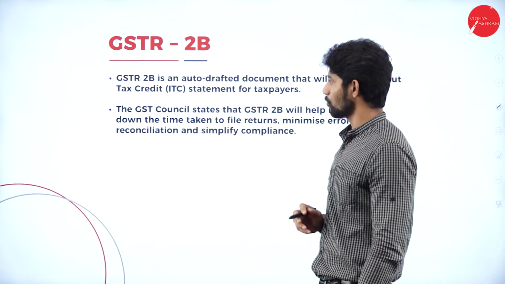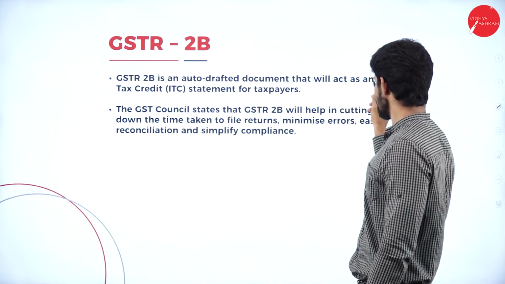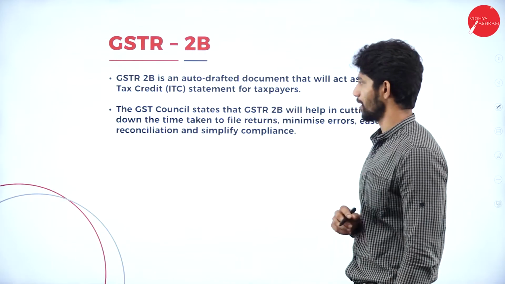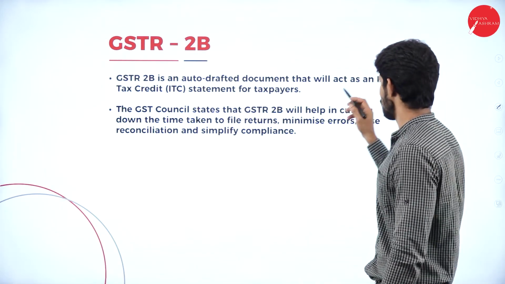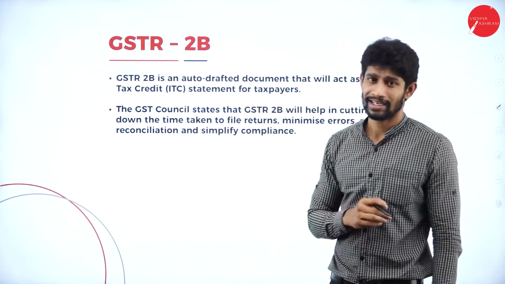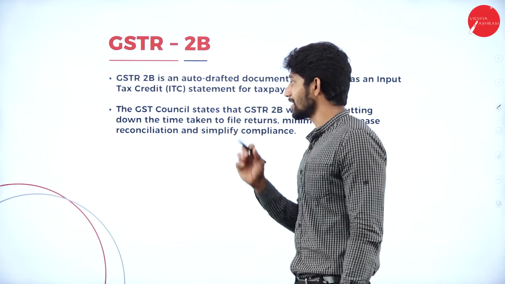So GSTR 2B is an auto-drafted document that will act as an input tax credit statement for taxpayers. So it acts as an input tax credit statement.